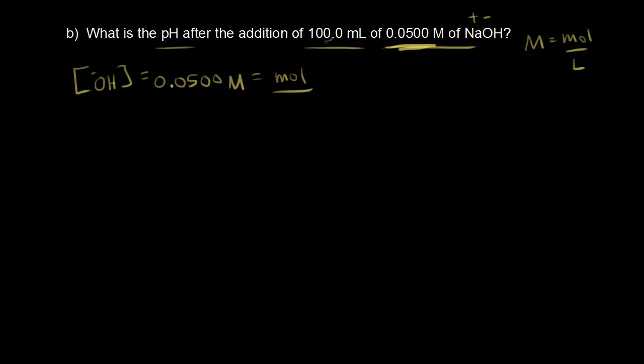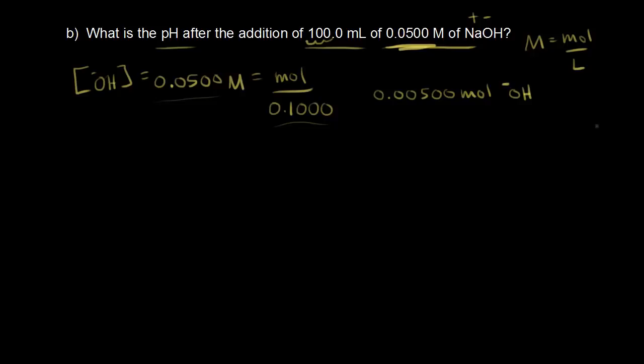We move our decimal place 1, 2, 3. So that's 0.1 liters. All right, so to find moles, all we do is multiply. So 0.05 times 0.1 gives us 0.005. So we're working with 0.00500 moles of hydroxide ions. So that's how many moles of hydroxide ions we're adding.